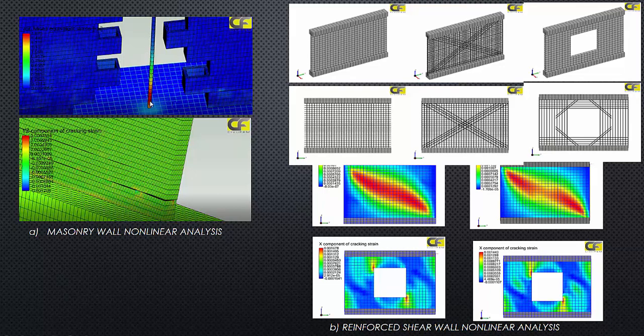Also, you can see the reinforcing steel bar inside the masonry was modeled, and that is another great capability in CivilFEM. You can model the foundation interaction with the superstructure, and also you can model the soil below your foundation. If you want, CivilFEM has a library of different types of soils.